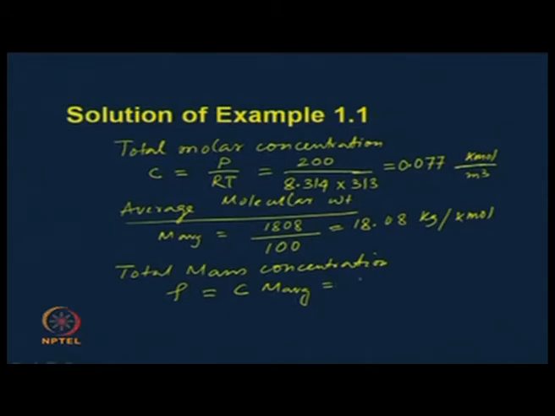C is given as 0.077 kmole per meter cube multiplied by M average, 18.08 kg per kmole. So, kmole cancels out, and it will be 1.39 kg per meter cube. So, this is the total mass concentration.